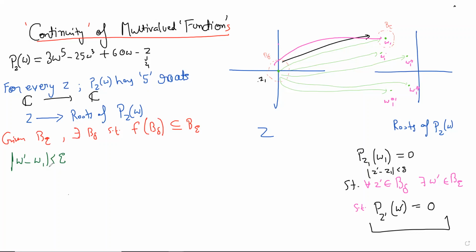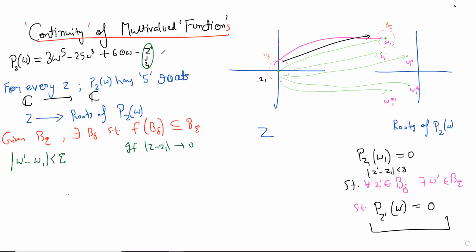And the intuition is that if you change Z a little bit, right? So if Z minus Z1 goes to 0, if you change Z1, Z a little bit, which means the product is not changing too much.